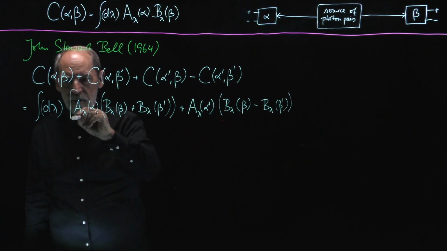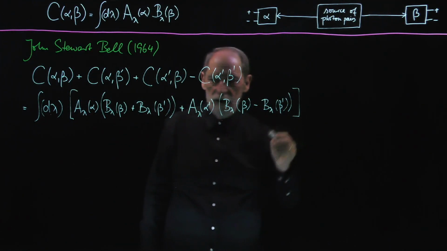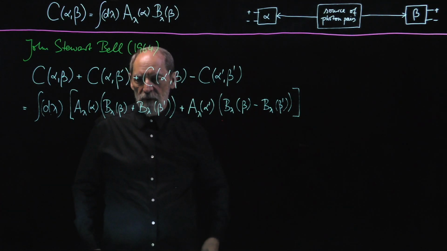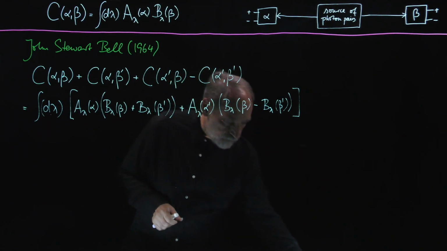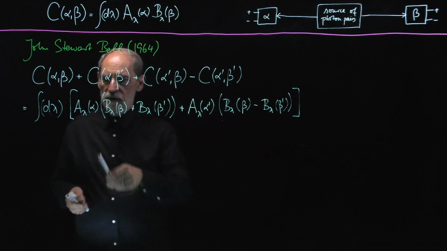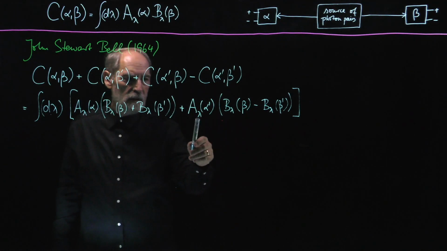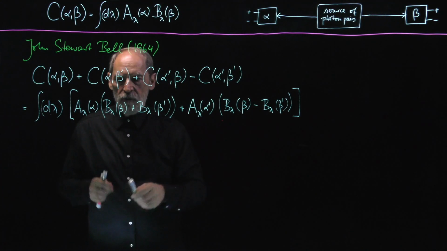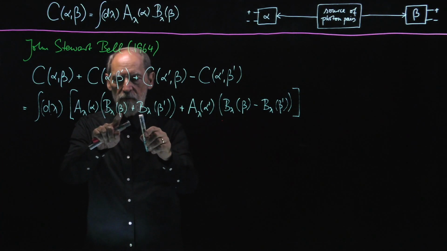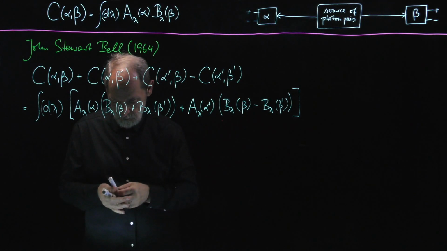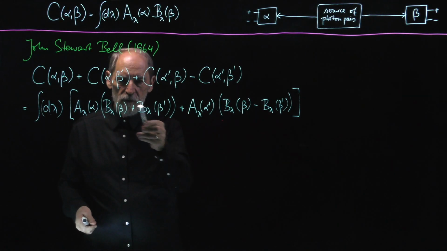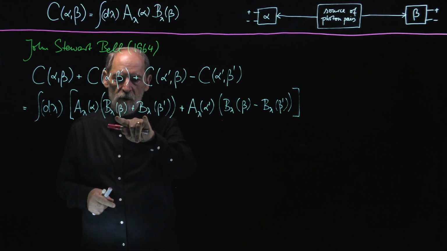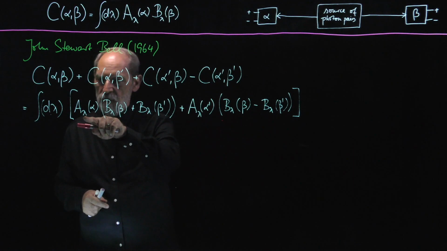And so altogether, we have this combination of A lambda alpha terms and B lambda beta terms. Now, let's remember that each of those numbers, A, B, wherever they appear, each one of them is plus or minus 1. So for the two B's that appear here, for beta and beta prime, and the common lambda, either these two numbers are the same, in which case this sum is plus 2 or minus 2, multiplied with the A, which is plus or minus 1.